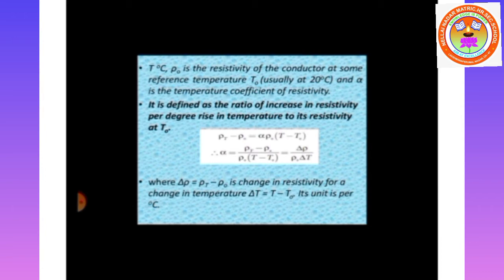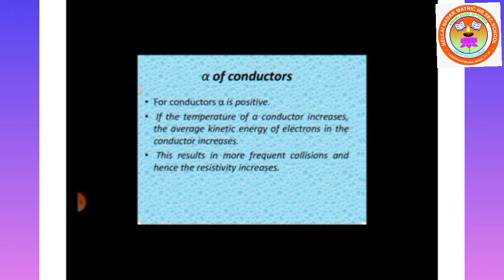Already I told you, rho T is the resistivity of the conductor at a particular temperature, and rho naught is the resistivity of the conductor at the reference temperature, 20 degrees Celsius. So we are calculating the difference between the resistivity of the material at different temperatures. That is the change in resistivity of the conductor, divided by rho naught into T minus T naught.